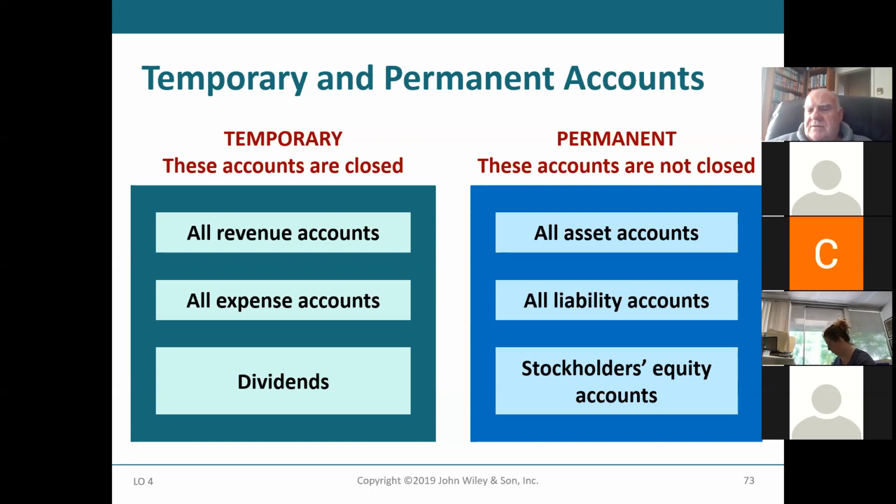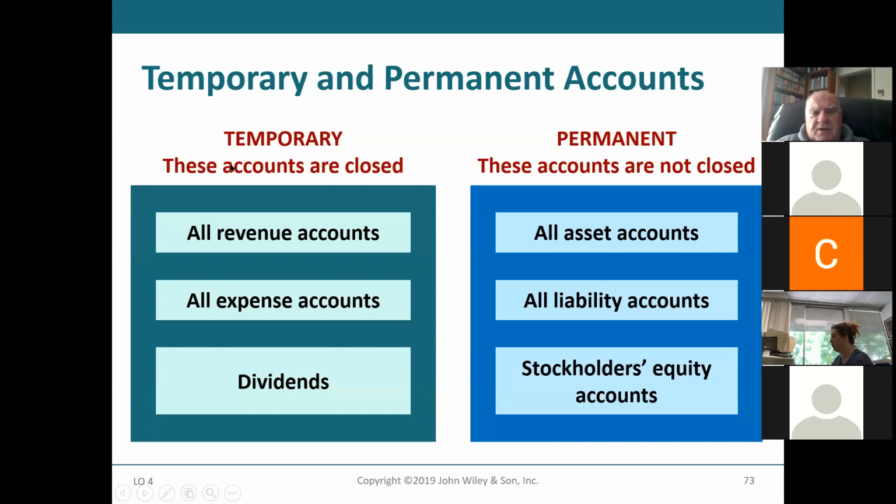We are going to debit all the revenues. Revenues have a credit balance. So we are going to debit the revenues and credit probably retained earnings.